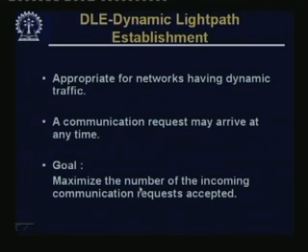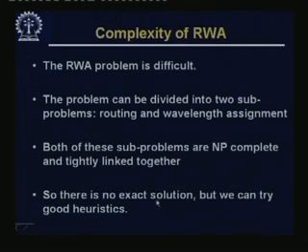If you have already made some reservation and allocation to an earlier request, and then a new request comes, you may find that there are no paths on which a lambda is consistently free throughout. In that case you will have to block that request or regret that request. So, we want to minimize such regrets and maximize the number of incoming communication requests that can be accepted. That is the goal of DLE.